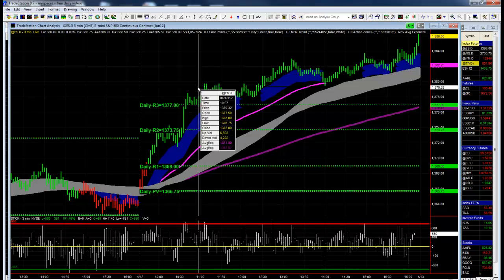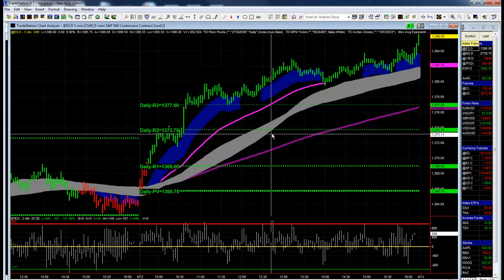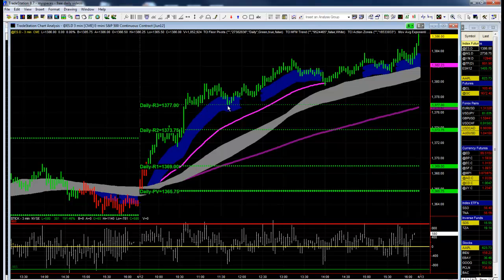8-point profit there. Then, as you recall, I had a midday update, moved my stop up to 1373.25, right below here. Then it ran up. Then I moved my stop again up to below this low right here where I'm pointing to.